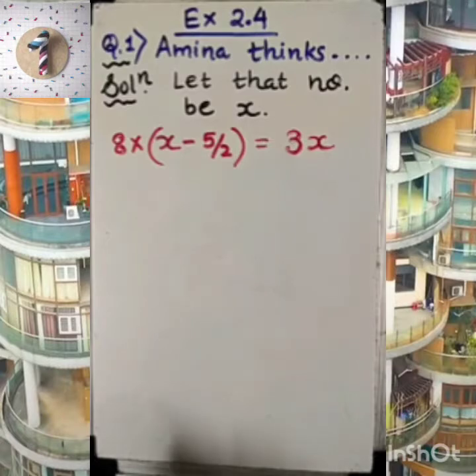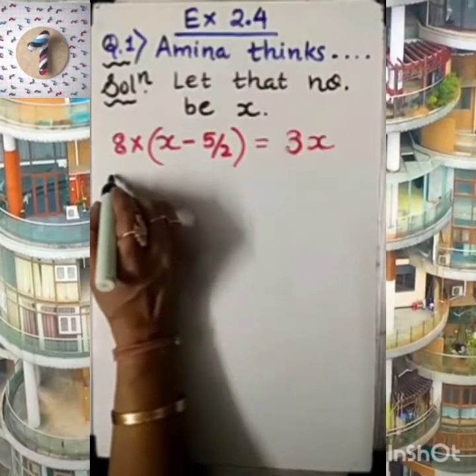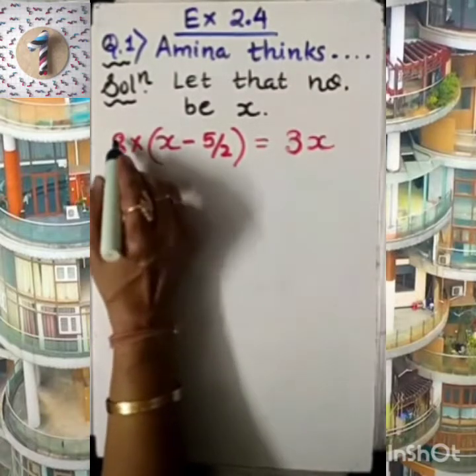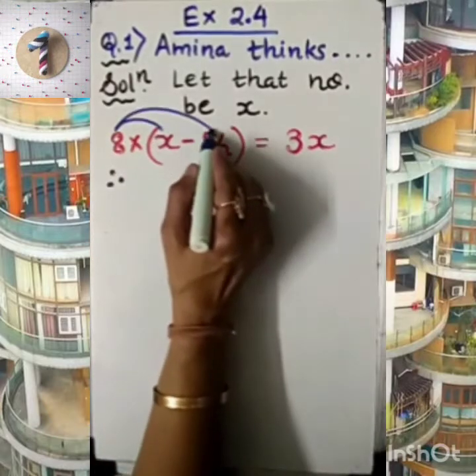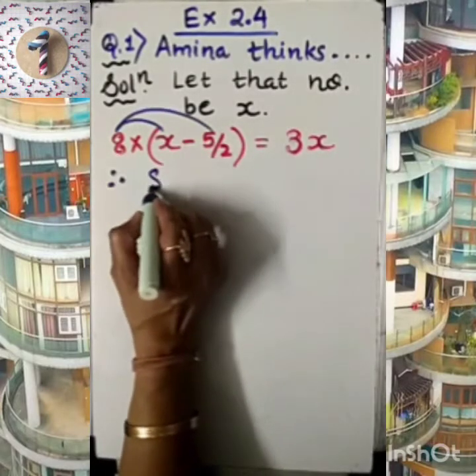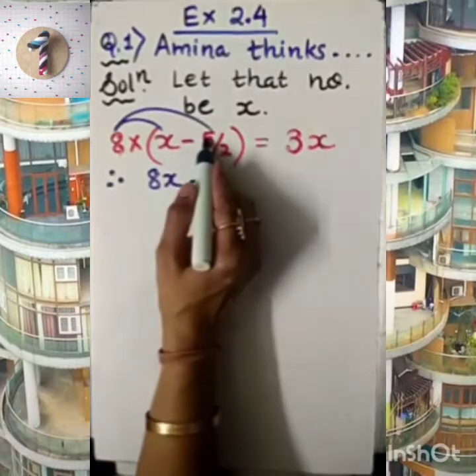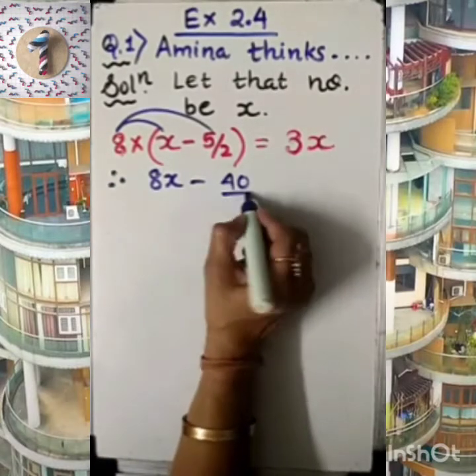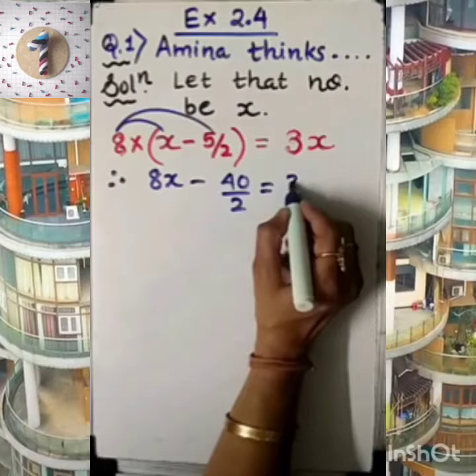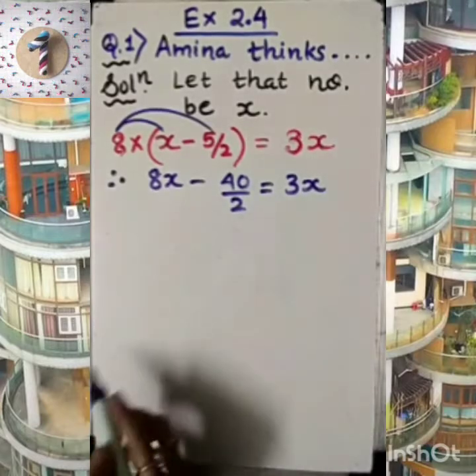First of all, I would like to tell you we are going to go with this procedure, multiplying individually. 8 into x is 8x, minus 8 into 5 is 40, and 2 is already in the denominator, equal to 3x. Once again, look at your screen.